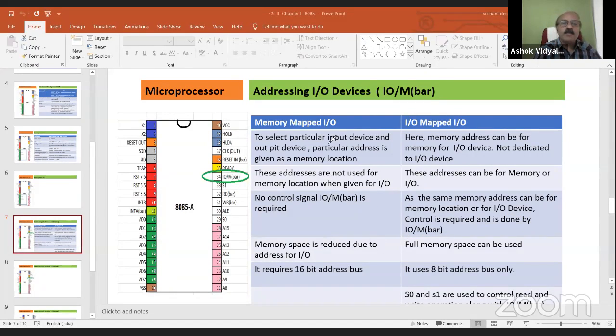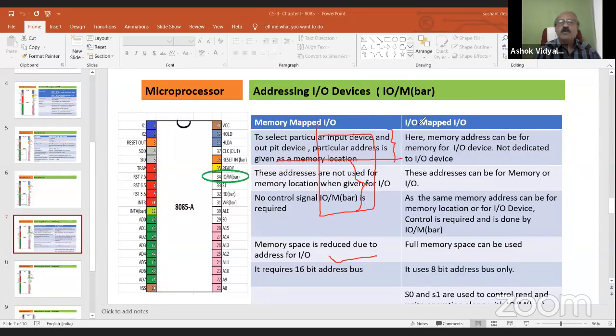With this memory mapped IO, memory space is reduced because if this is a memory space out of which these locations are given as a IO input output device, then actual memory is used only this one for the memory.